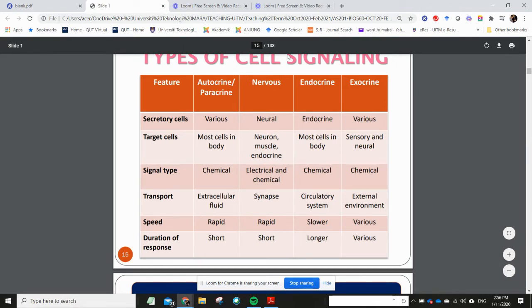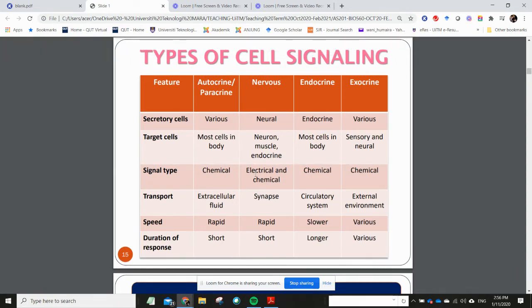For nervous system, the speed is rapid. You refer back here. Nervous cell signaling is electrical and chemical, and it involves one neuron to another neuron. So it has to be rapid. It cannot be slower.